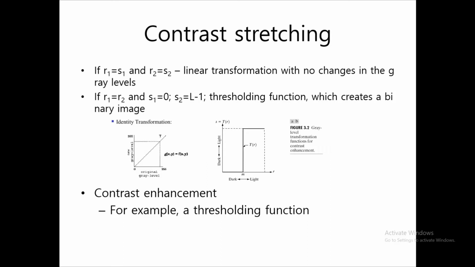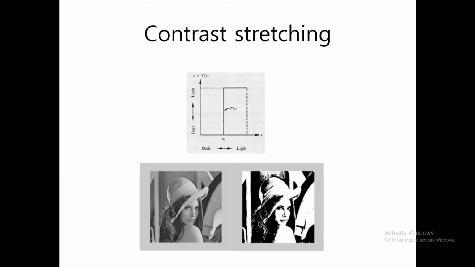This is our input, and the output image will contain either 0 or 1, the maximum value or the lowest value. So we get a binary image with this setting of R1, R2 and S1, S2.